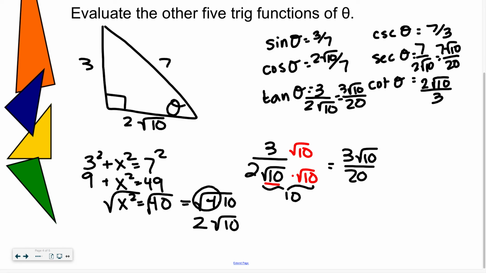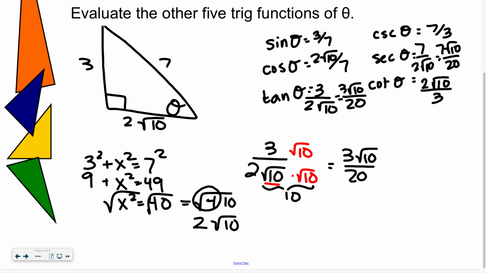Now, one thing to note: if you type these ratios into your calculator, these will not match the decimals on that pink sheet from Friday. So what that's saying is these ratios of sides are not the same as a 45, 45, 90 or 30, 60, 90 triangle. It's not 1, 1, square root 2, or 1, square root 3, 2.